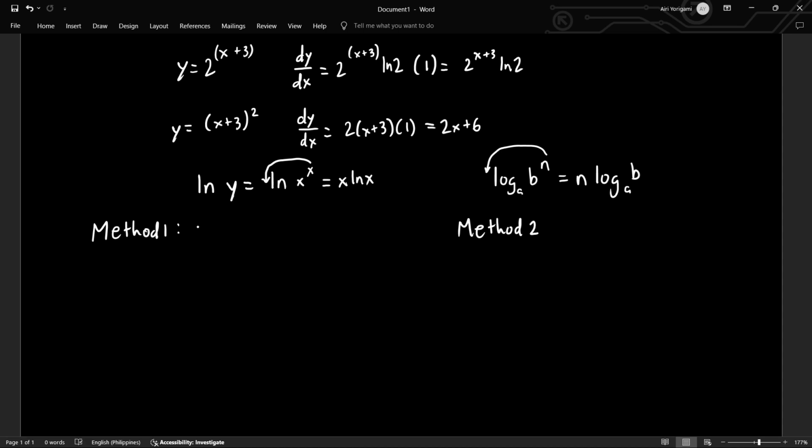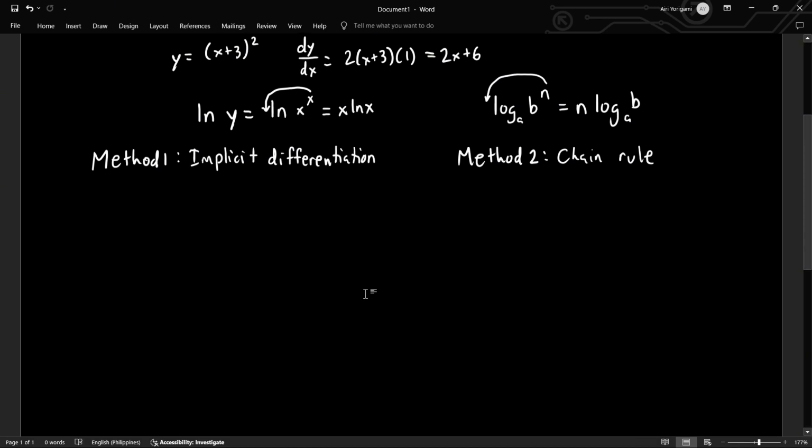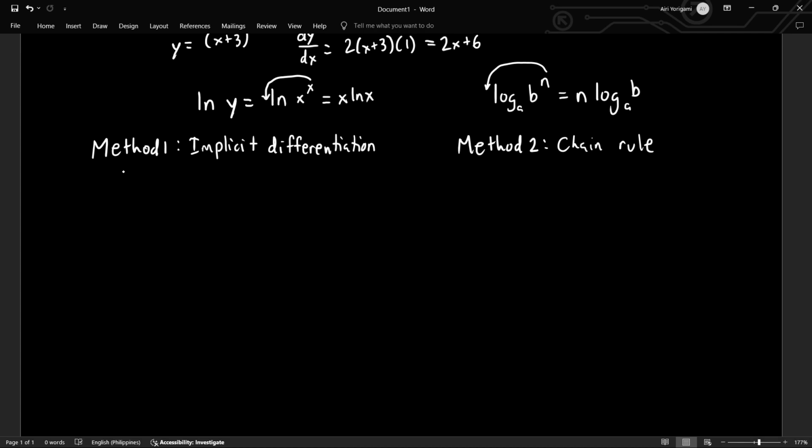Method 1 is by using implicit differentiation. Oh, sorry, wrong spelling. Implicit differentiation. And method 2 is using the chain rule. So, let's first use implicit differentiation.